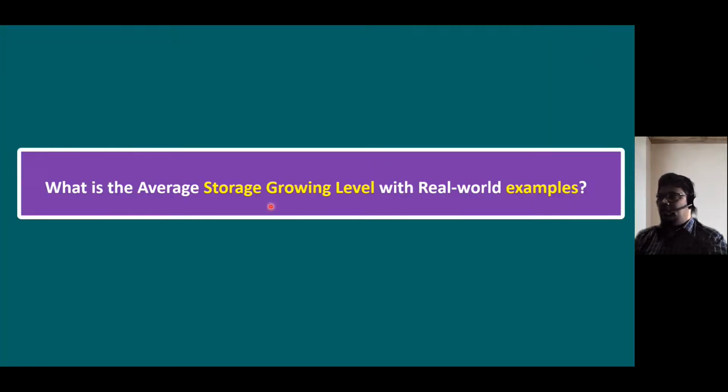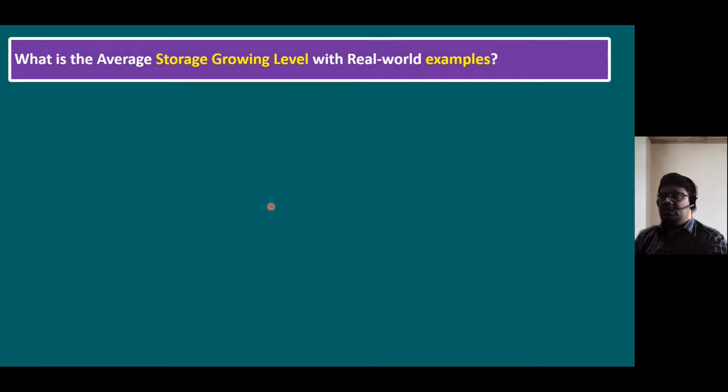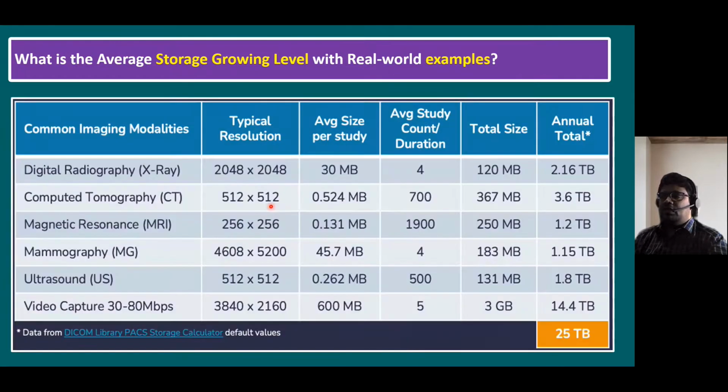What is the average storage growth level, with real-world examples? This example I collected from the internet based on a survey. One survey result gave the average usage per year as 25 terabytes. Let's try to understand one by one. Normally, among common image modalities, hospitals use X-rays, which means digital radiography.